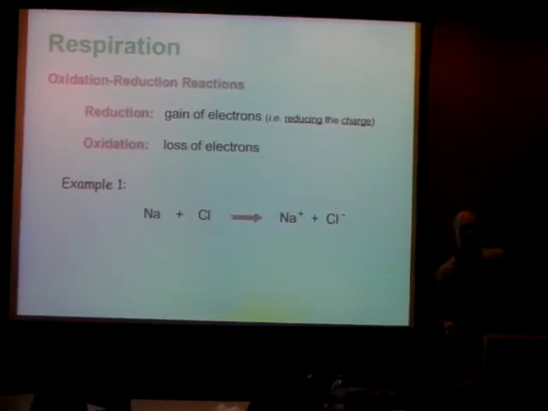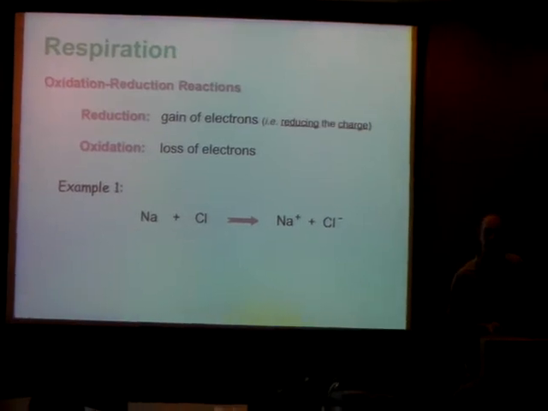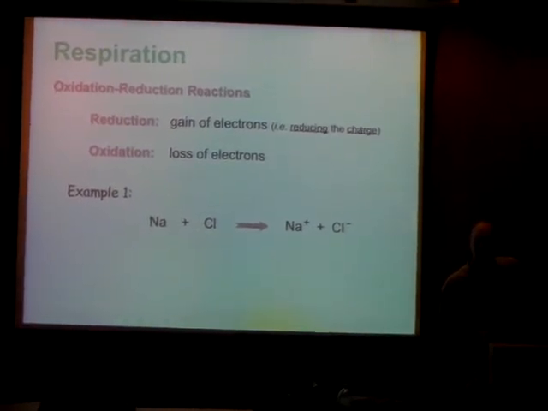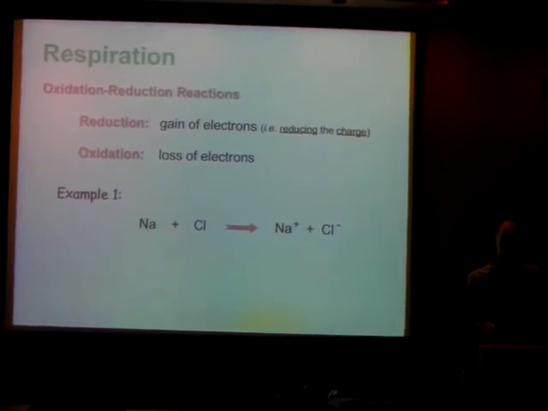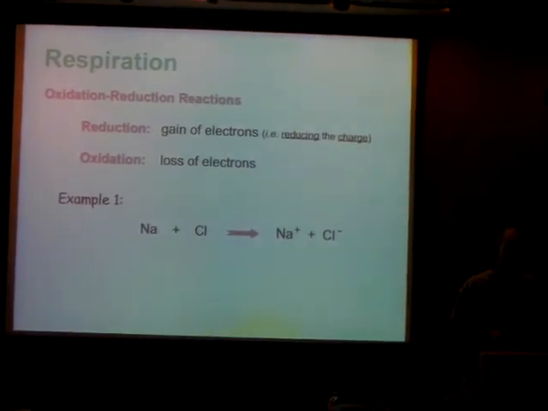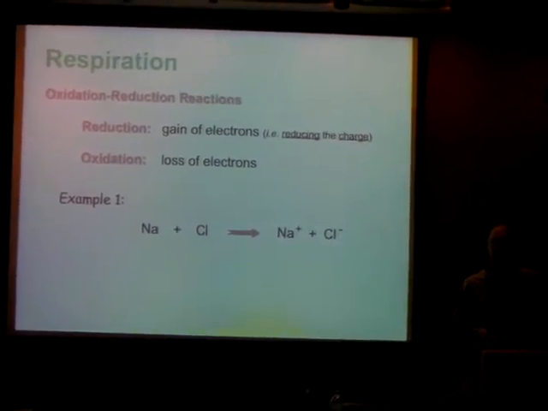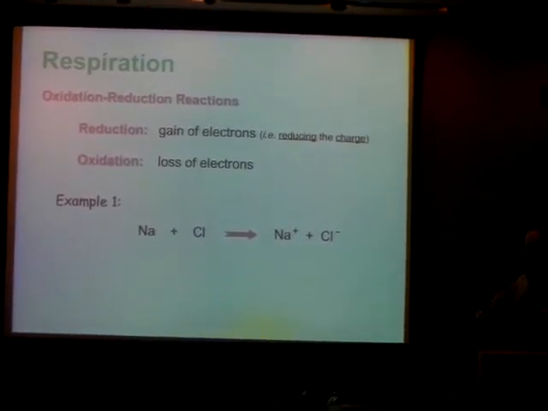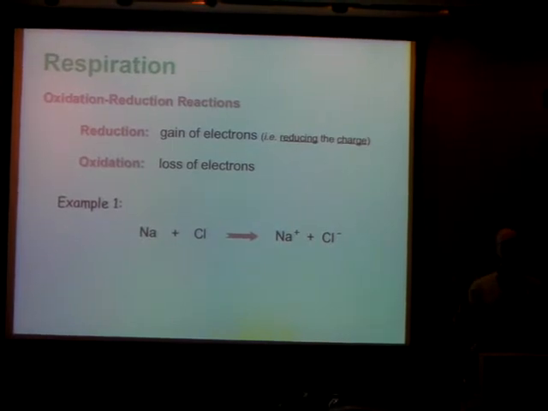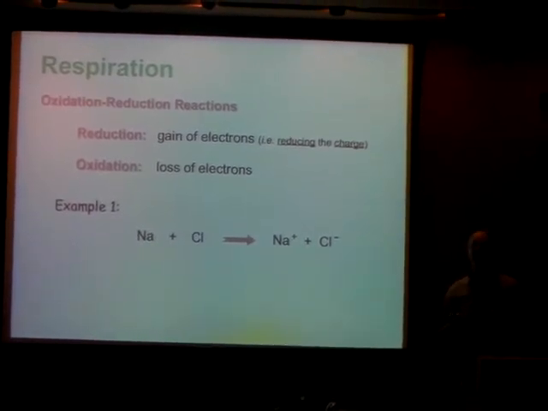Or, what about chlorine? What's the valence for chlorine? The valence is 7. Yeah, that's right. So it tends to pull in electrons to complete its valence shell of 8, right?